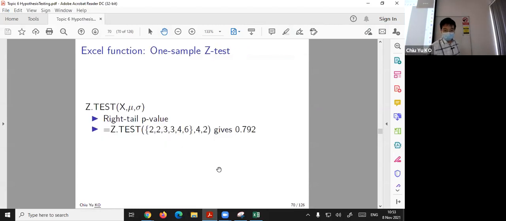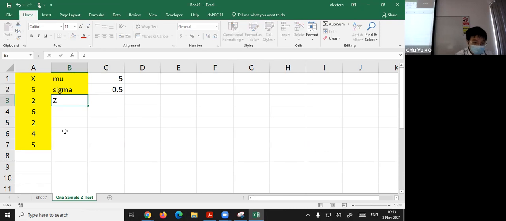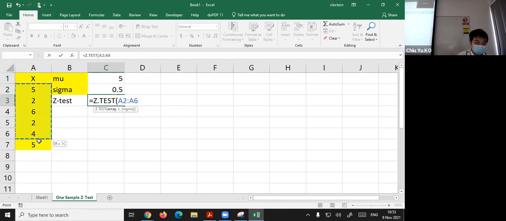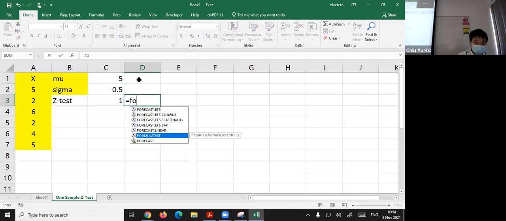So this one gives you the right side p-value. If you want to do the one-tail test, right hand side, you do the same. It's a Z test, one tail. You click this, and this is the mean, and this is sigma.